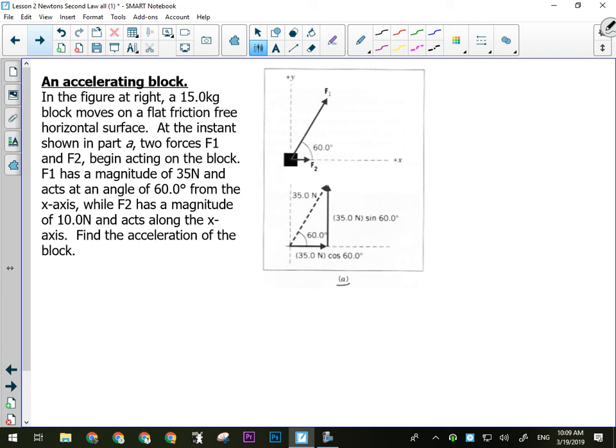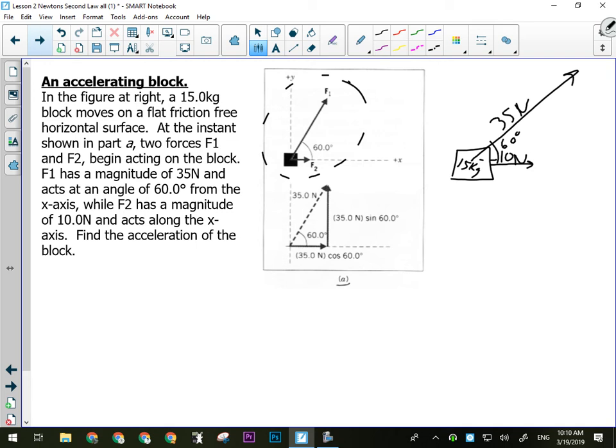So they've effectively already drawn you the free body diagram. They haven't done it the way I would do it. I would say that this is 15 kilograms, and I've got a 10 newton force here, and a 35 newton force, 60 degrees from the horizontal. That would be my free body diagram.